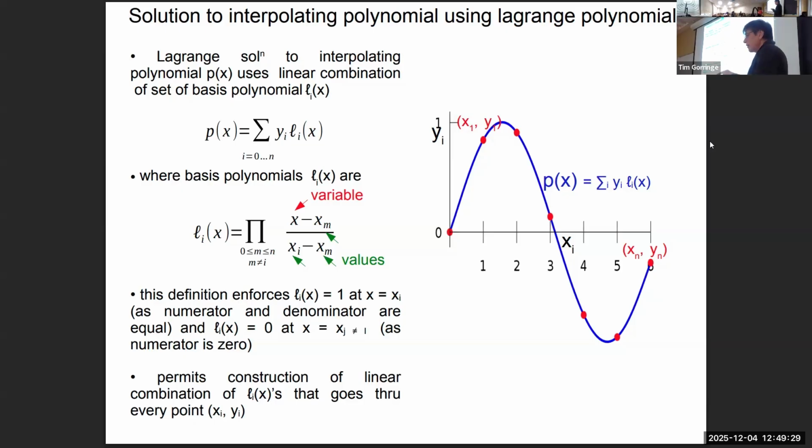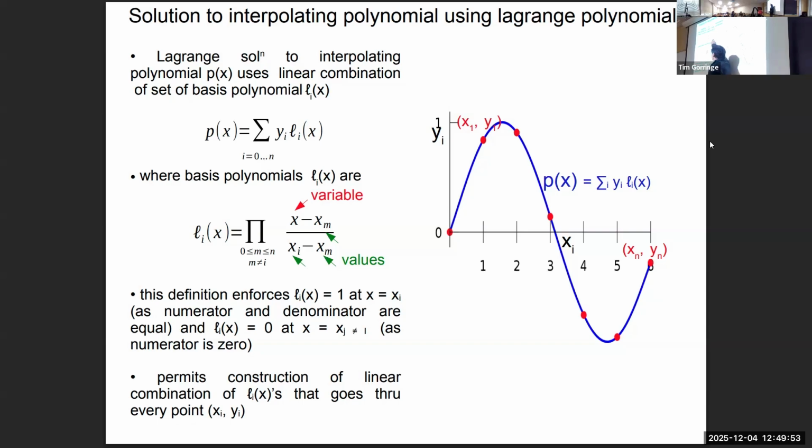So the idea here is that the interpolating polynomial, I'm still calling it p of x, can be written as a summation of Lagrange basis polynomials, a weighted sum of Lagrange basis polynomials.